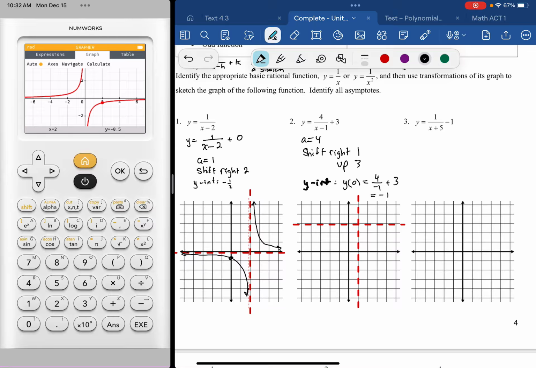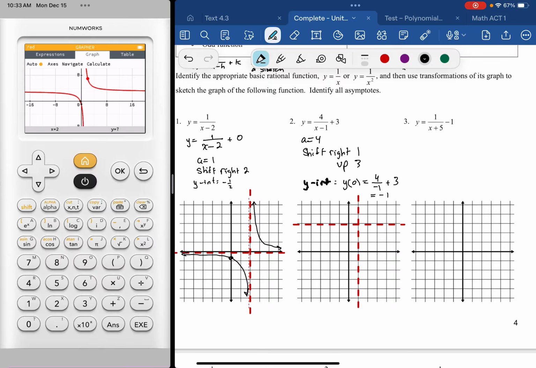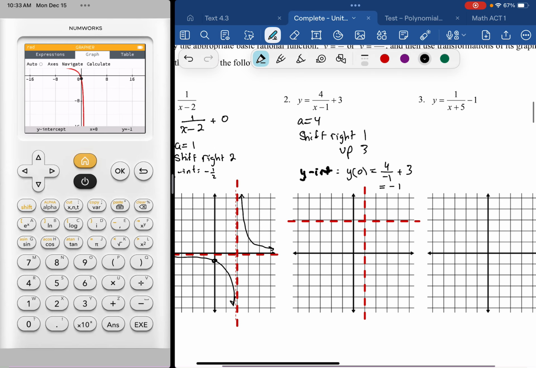It's more about getting an idea of the structure, so it's not out of bounds to use your calculator. Now it's kind of hard to see, but right around here you see the 0, -1. But then just zooming out or going to auto, you can see that the horizontal asymptote's a little higher than we would have thought.